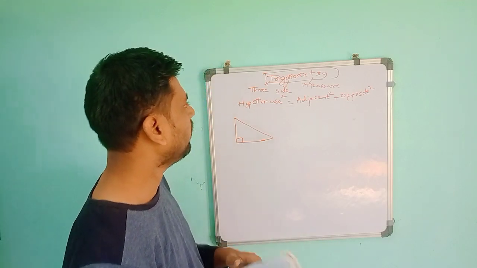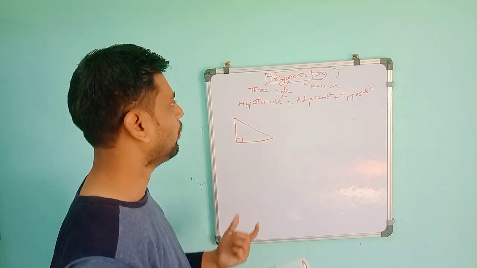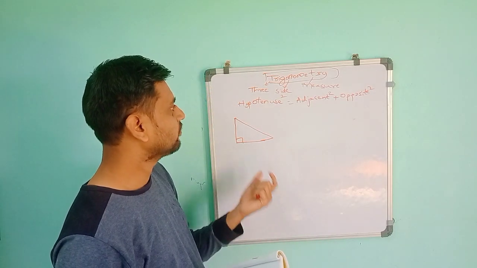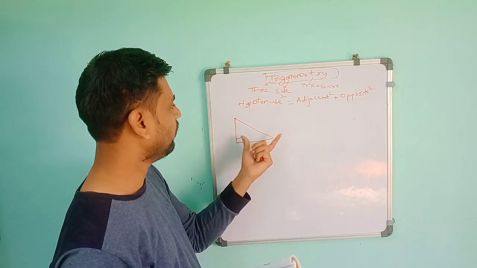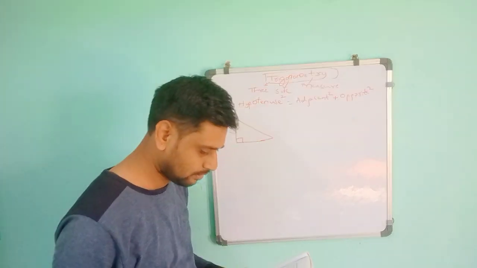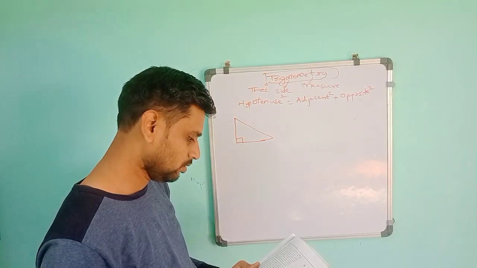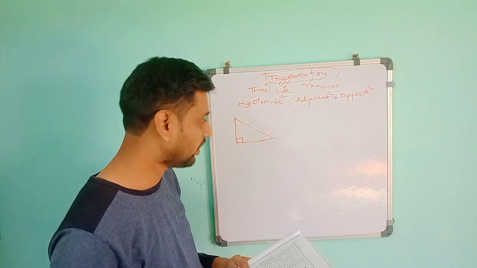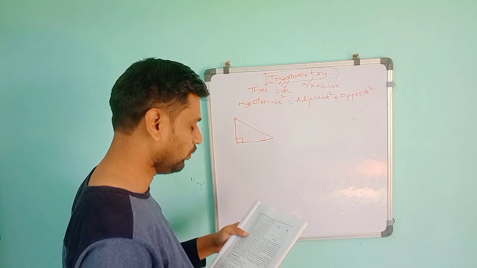Trigonometry is the branch of mathematics which deals with the study of sides and angles of the right angle triangle. In this there are six trigonometric ratios.